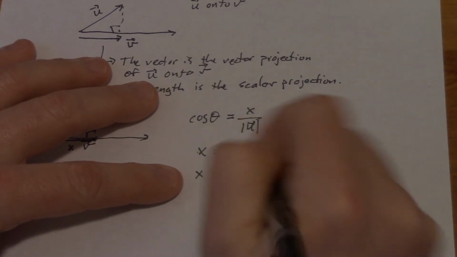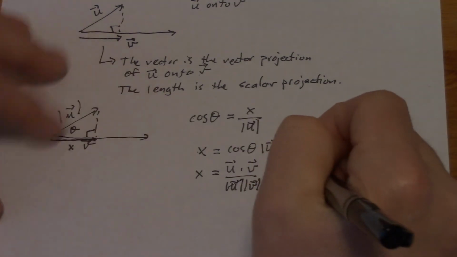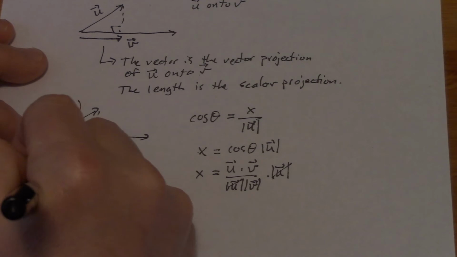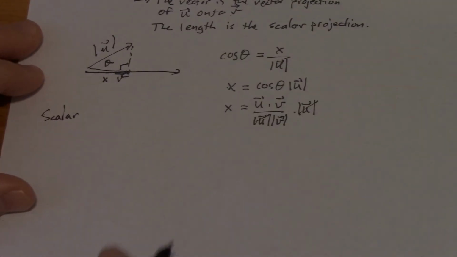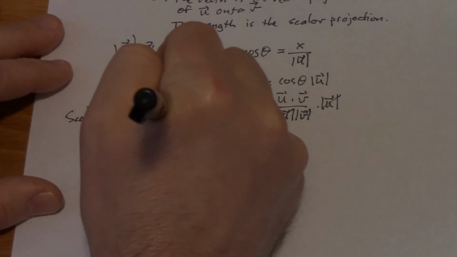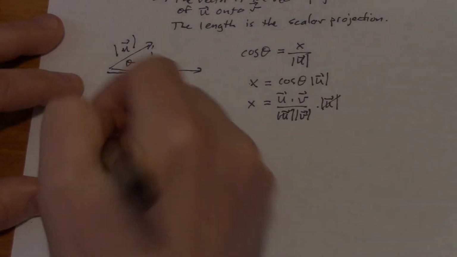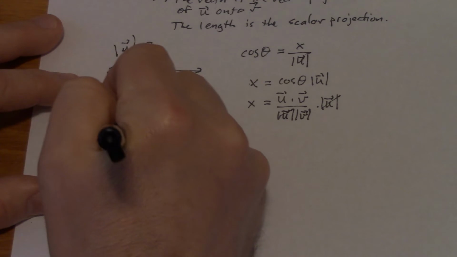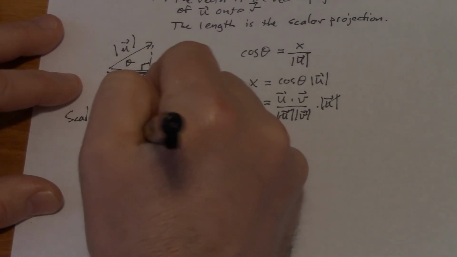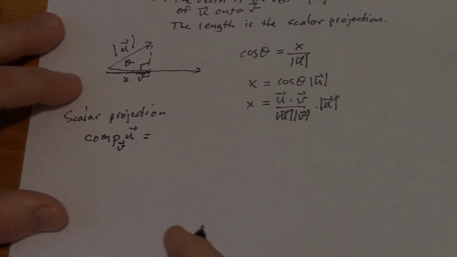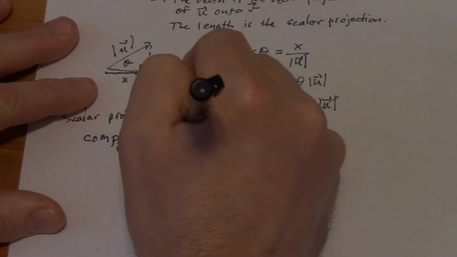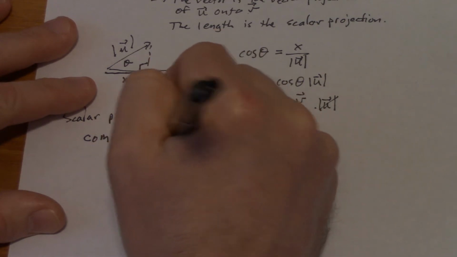So those u magnitudes cancel, and we get, this is what we're going to call it, the scalar projection. We get that that's equal to, we're going to say comp, meaning the component of u in the direction of v. So component of means the distance, and that's going to be u dot v over magnitude of v.